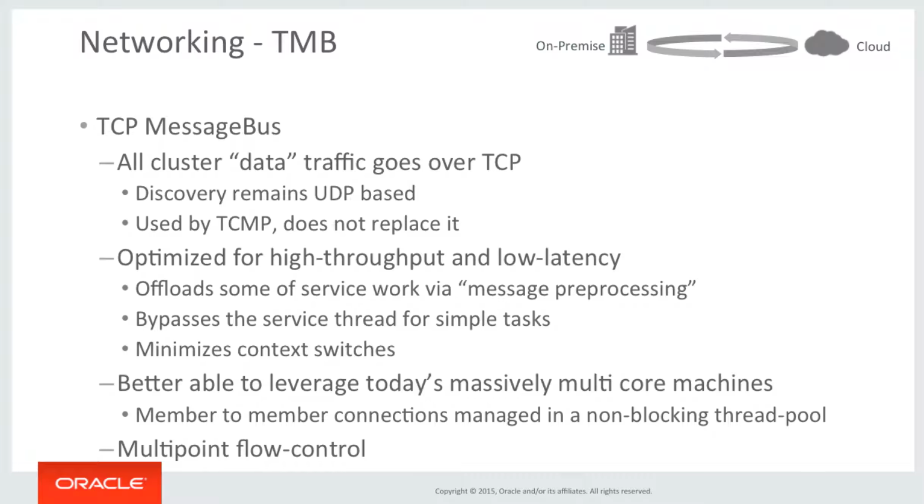Another key advantage of TMB, or actually the message bus architecture, is that it offers multi-point flow control, which was something that was never implemented in our legacy UDP reliable transport. What multi-point flow control means is that we have a message that we're sending to multiple points. A common example is an event.